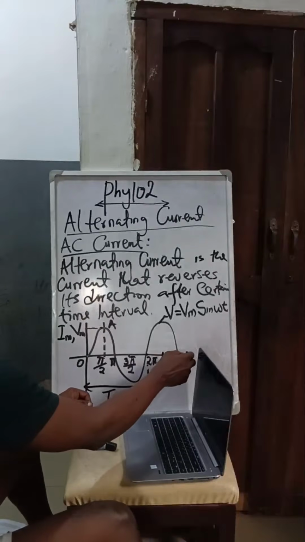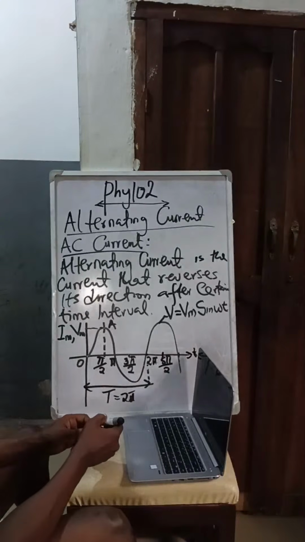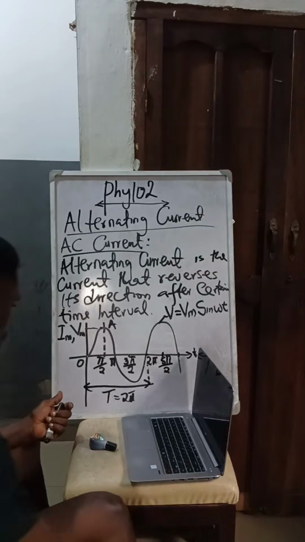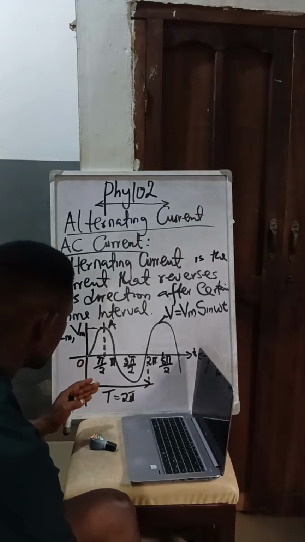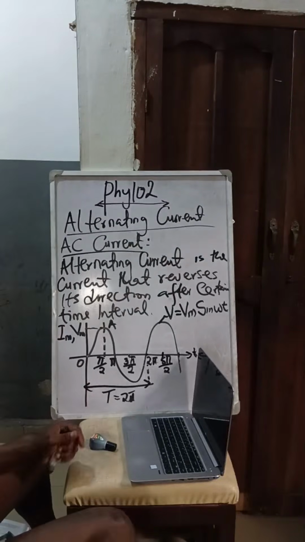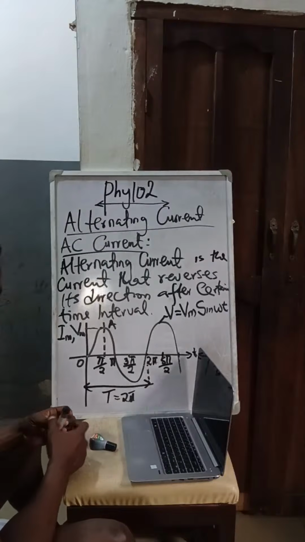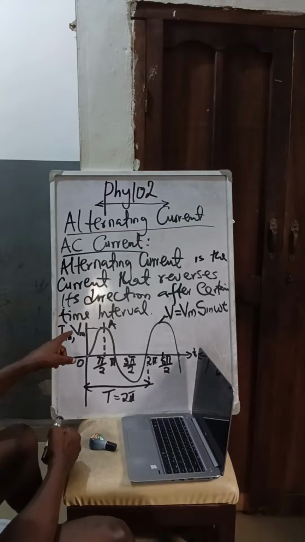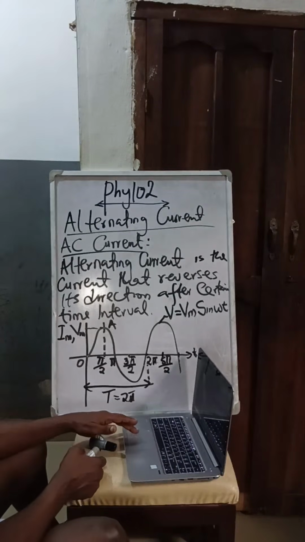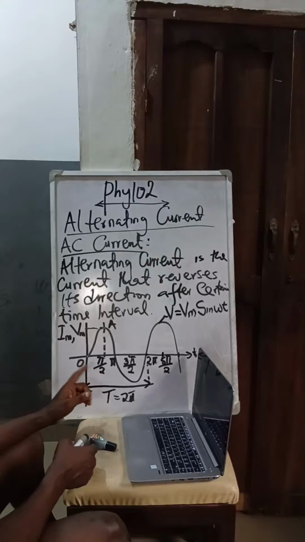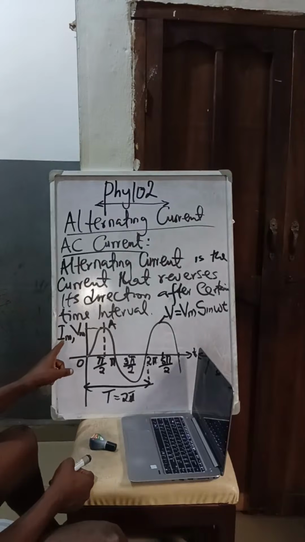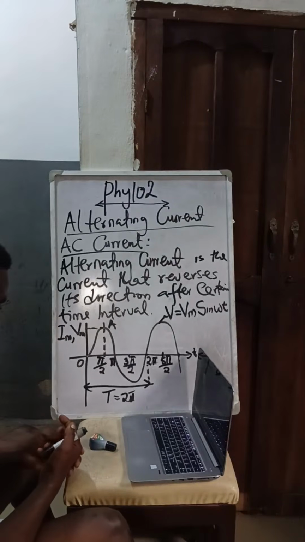So this side is time. See? Okay. So this is called the waveform, voltage waveform or current waveform. Vm is the maximum voltage or peak voltage, while Im is the maximum current or peak current.